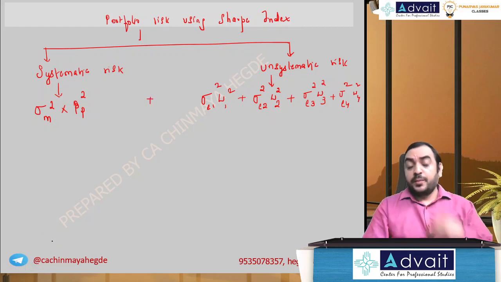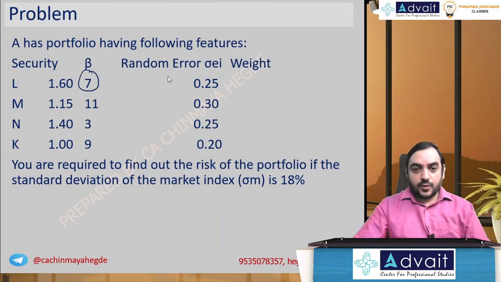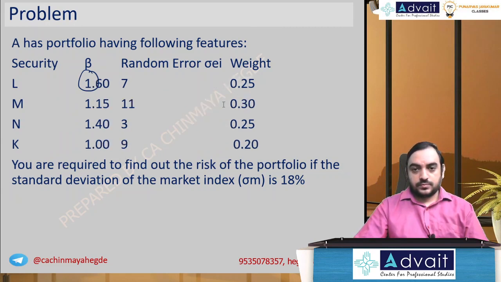Okay, first of all, you need the beta of the portfolio. That is very simple. It's going to be a weighted average. How do you calculate the weighted average? Beta multiplied by weight. Okay, that's column alignment, I have to change it slightly. Just give me 1 second. Okay, so beta we have, weights we have.